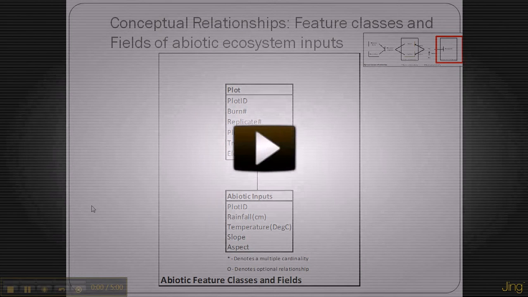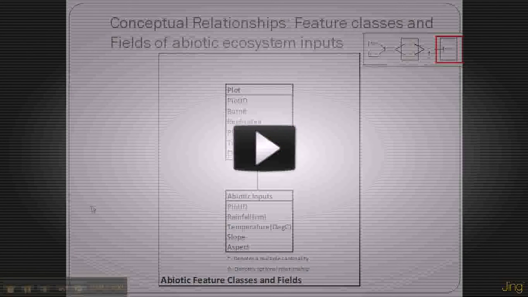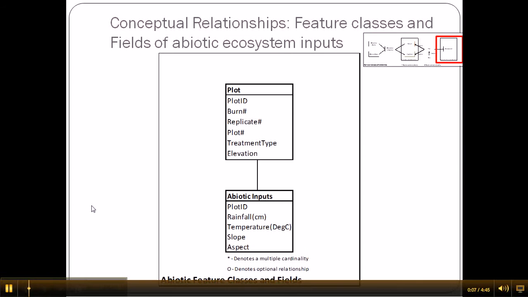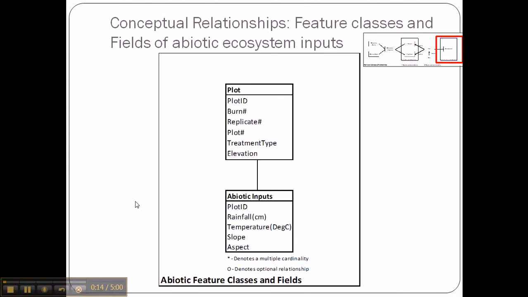The next part of my database design that I'll be talking about is the abiotic feature classes and fields. These were collected online from databases belonging to NOAA and the USGS.